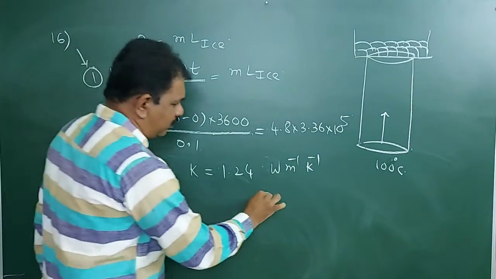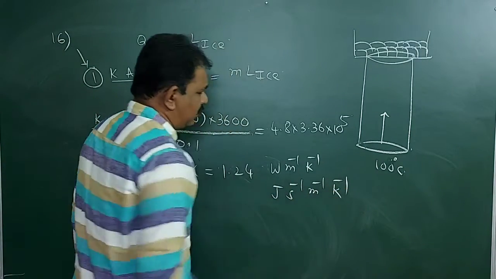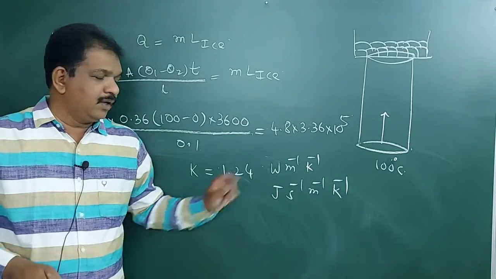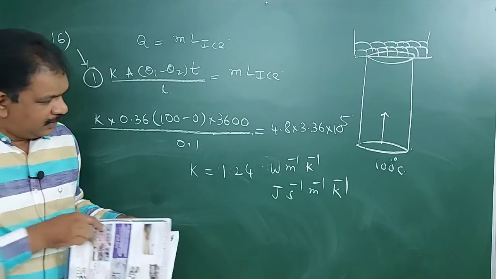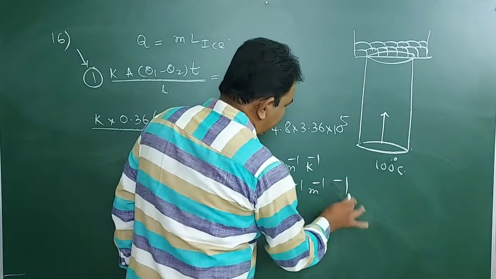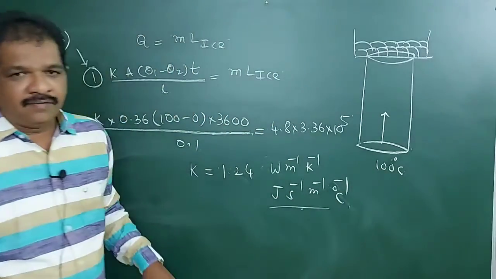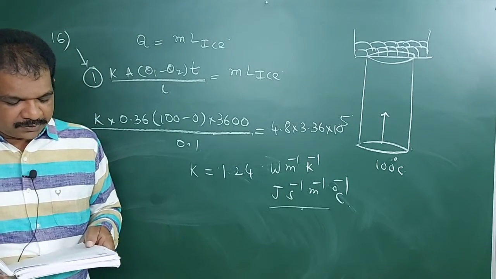One more unit is joule second inverse meter inverse Kelvin inverse. Both are the same units, joule per second is equal to watt. Or degree centigrade inverse also. This is a temperature difference, so these units have the same meaning. So 16 will be the first option.